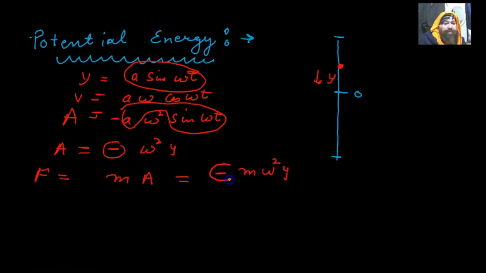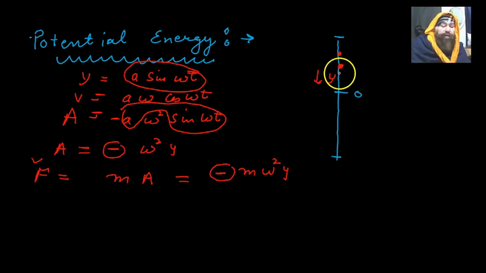The negative sign shows this force pulls the particle towards the mean position. Now, if the particle goes from P to M by a very small displacement dy, then how could it be?